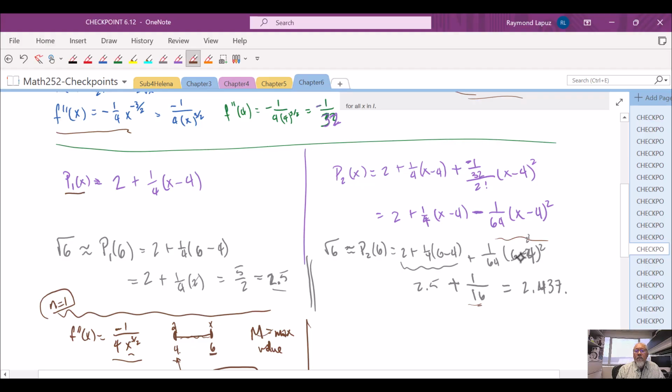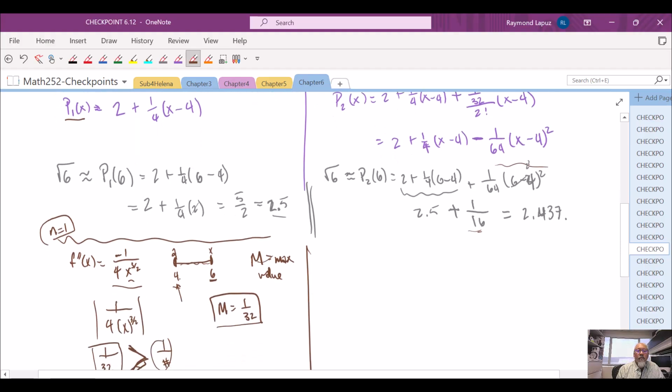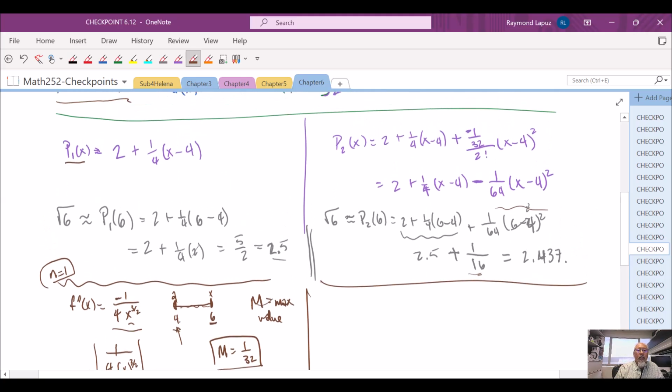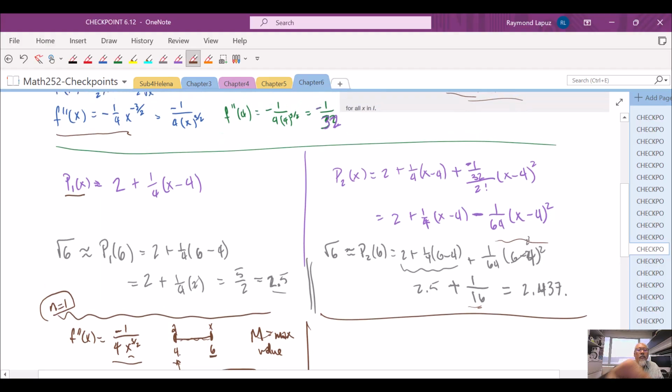We didn't do it for the third one because we'll need the third derivative, but we'll see the same analysis happen. All right, this is our second derivative. Here we need our third derivative, so to get our remainder for the second polynomial, let's take our derivative the third time.